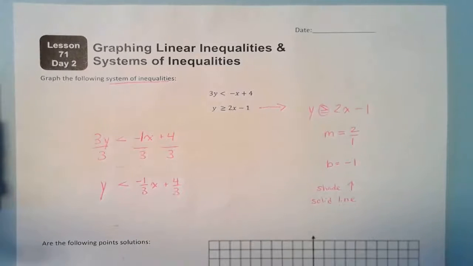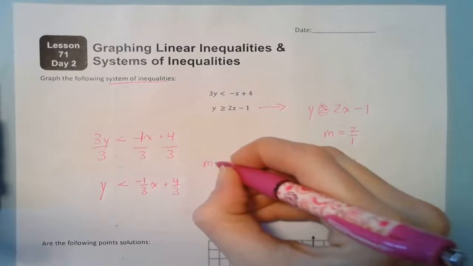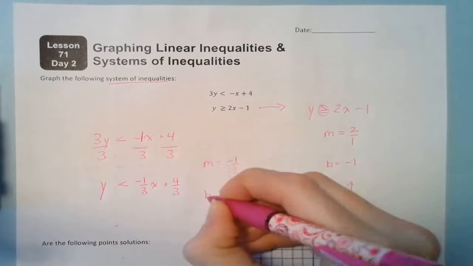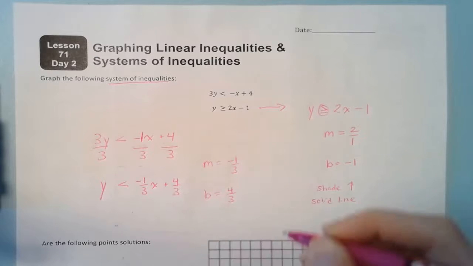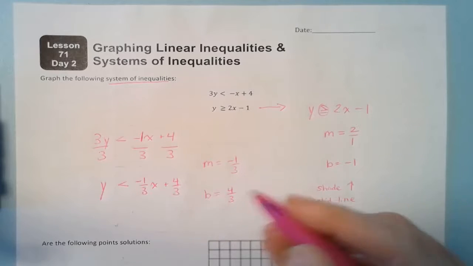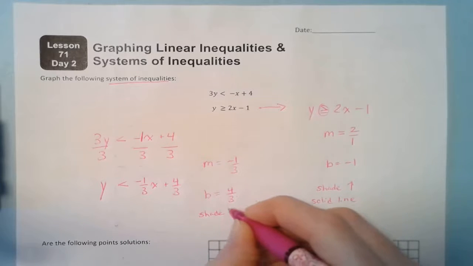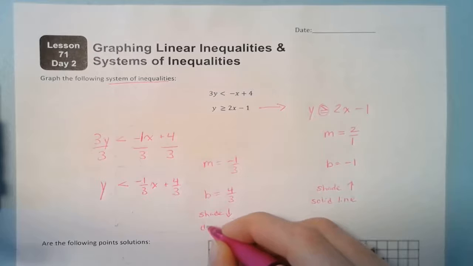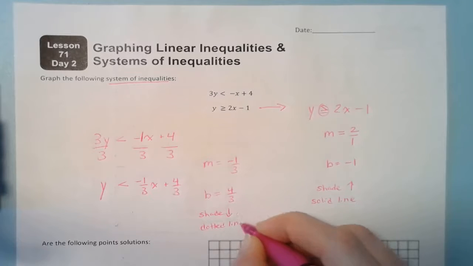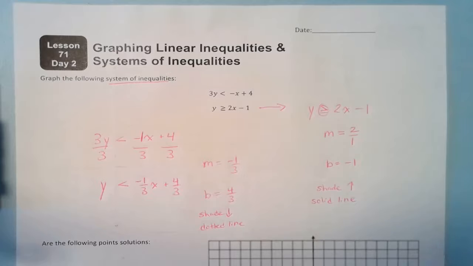Not the best kind of graph, but we'll see what that would look like. Slope is going to be -1/3. Y-intercept is going to be +4/3. We'll figure out what that is in a second. That is a less than sign, so we're going to shade down, and I have a dotted line because I do not have an equal sign underneath that symbol.